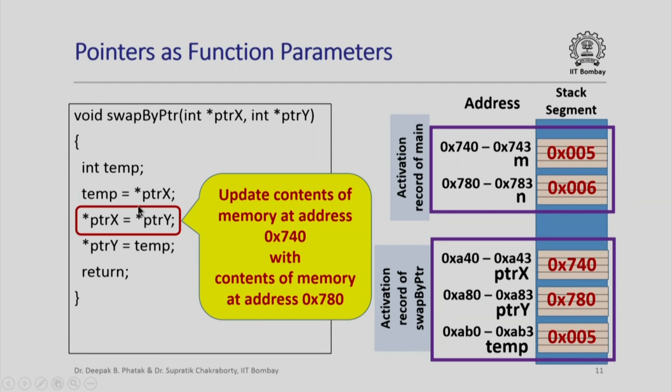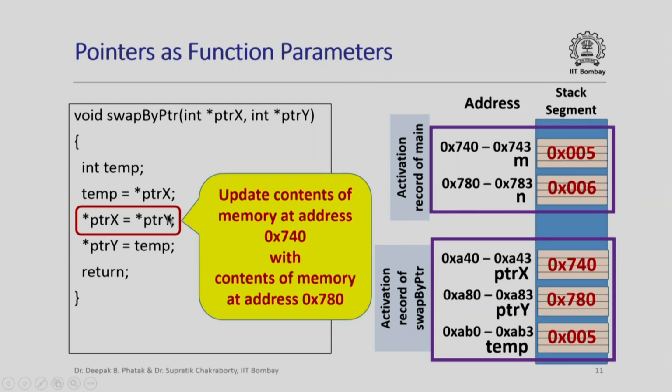And then when I go to the next statement, what am I doing? I am saying that look at the value of pointer y, which is hex 780, go to the memory location with that address. Star pointer y is saying content of the memory location whose address is given by the value of pointer y. So content of the memory location whose address is hex 780. Once again, this is actually in the activation record of main.